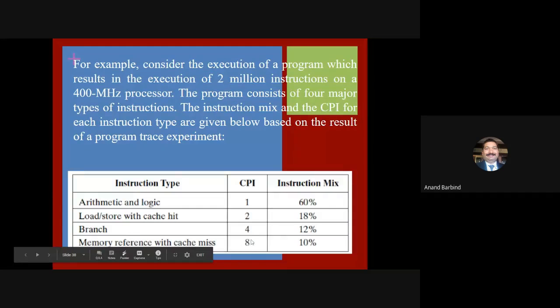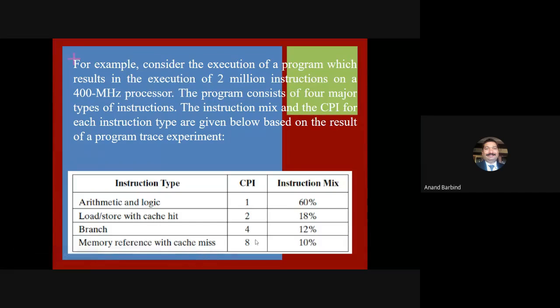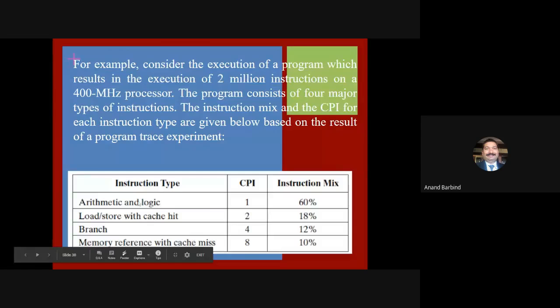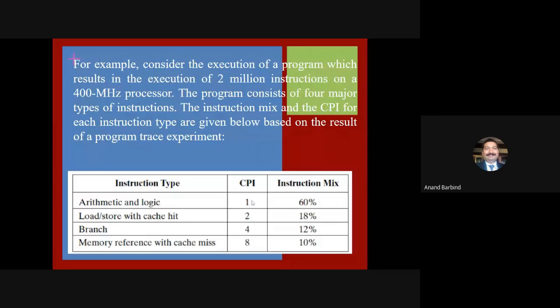So the time is increased 4 times. Whereas for the instructions which are to be executed inside the CPU itself, the time required is the minimum, that is only 1 cycle when the instruction is to be executed inside the processor.